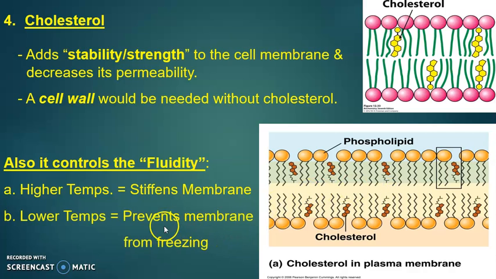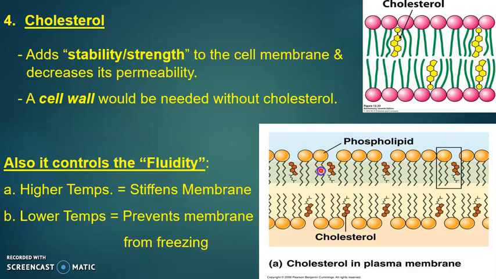Or, in lower temperatures, think about how most things become solid when they freeze, right? It's by getting closer together and becoming more dense, except for water that we learned is the opposite. So, in a very cold environment, these phospholipids would try to get closer to one another. Well, the cholesterol being in between doesn't let them do that, so your cell membrane prevents them from freezing.